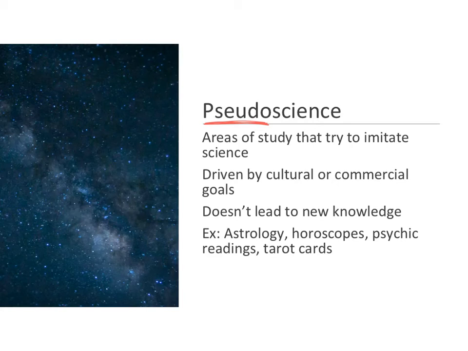You can definitely enjoy looking at your horoscope, okay? You can enjoy hearing astrology stories. I'm just saying that they're not science, okay? So I'm not saying they're not enjoyable. I'm just saying they don't actually follow the nature of science. So what you learn from astrology or your horoscopes are not scientific fact.